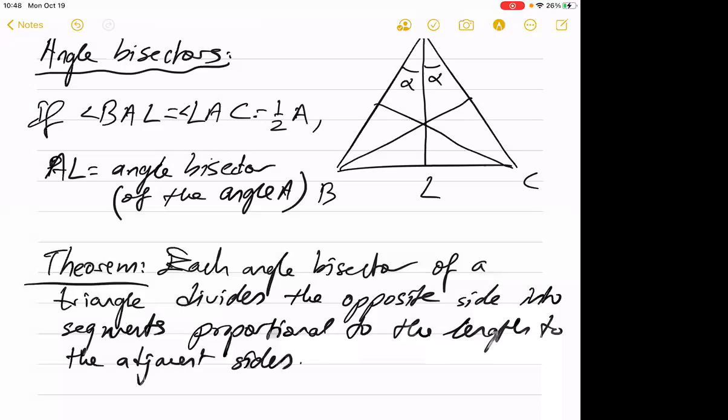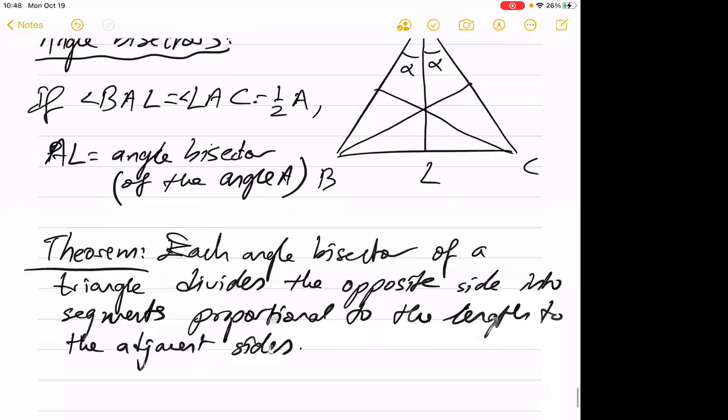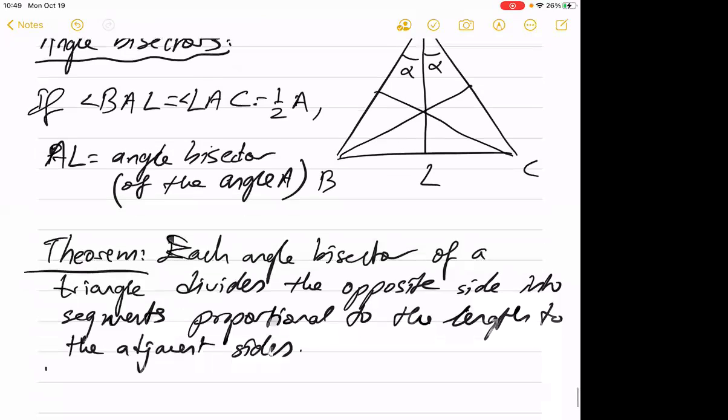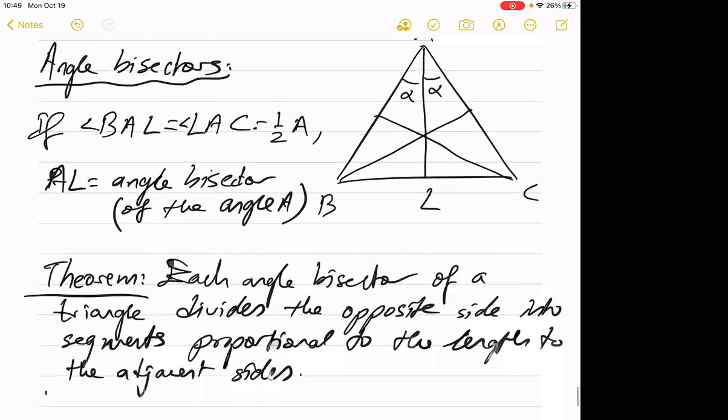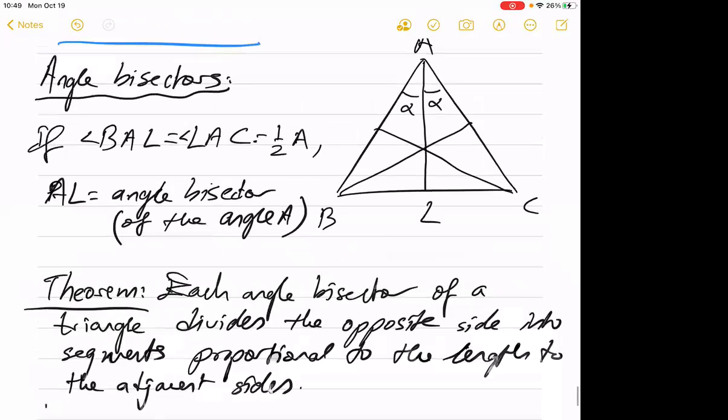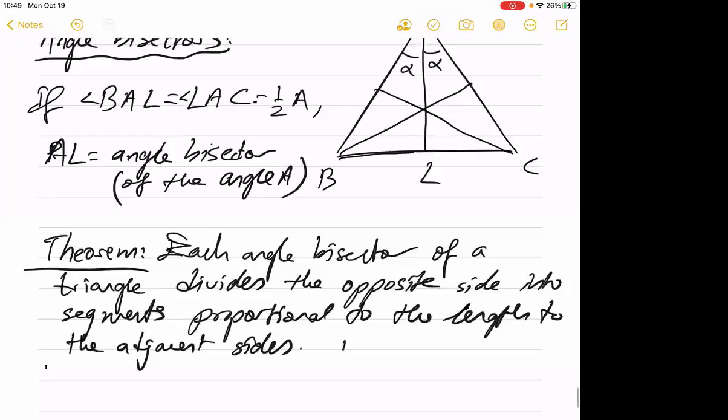What do we mean by this? We mean, for example, if we take this angle bisector AL, then the length BL over LC is the same as c over b.